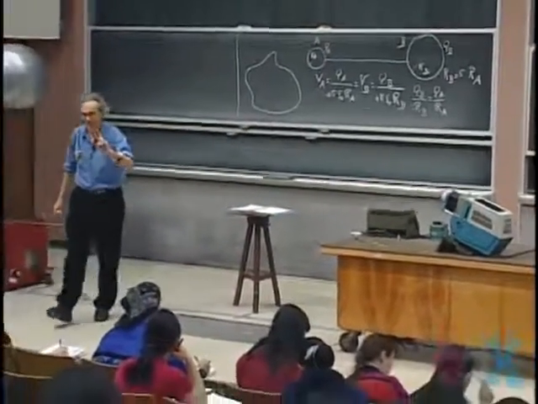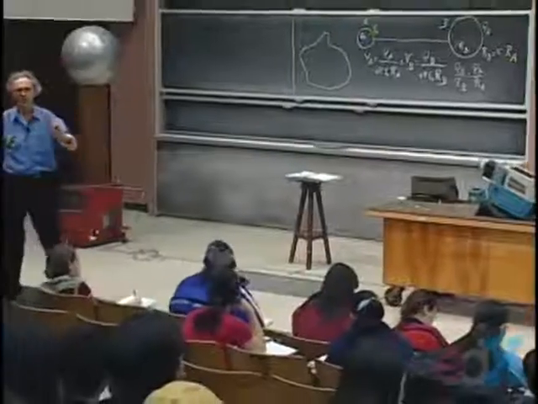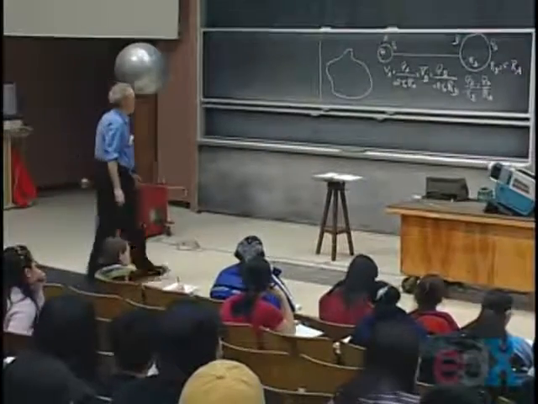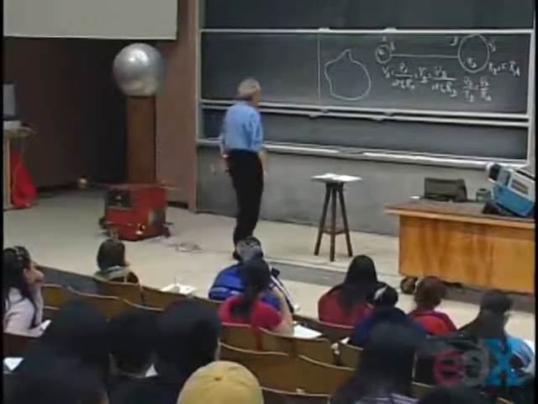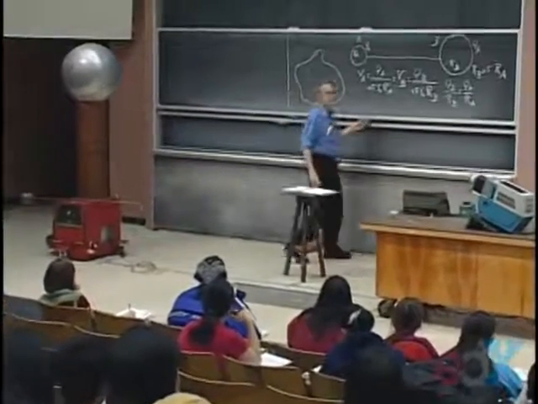But if B has a 5 times larger radius, then its surface area is 25 times larger.